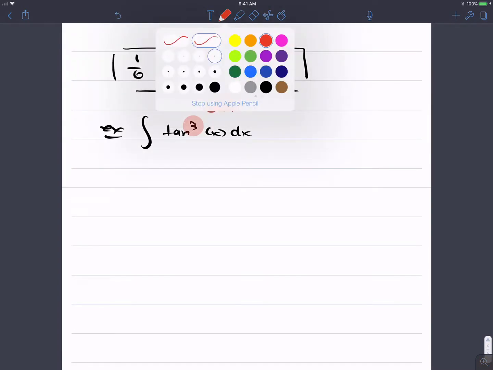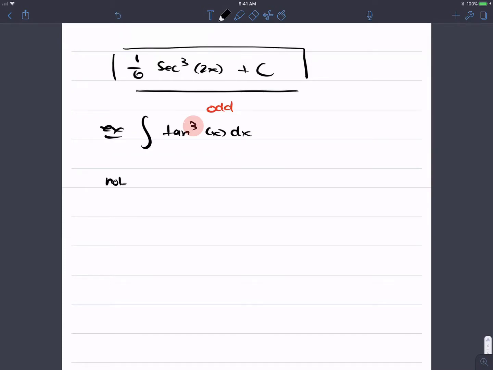Let's note, we have the first odd power of tangent, which is the natural log absolute value of secant plus c. So we did this in the past. Now let's see about continuing these odd powers here and what this does for us.